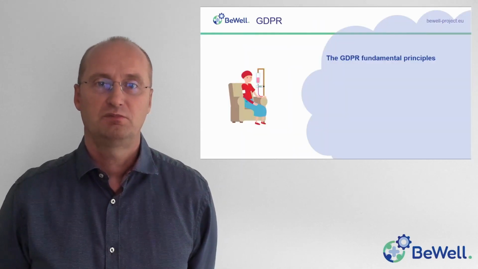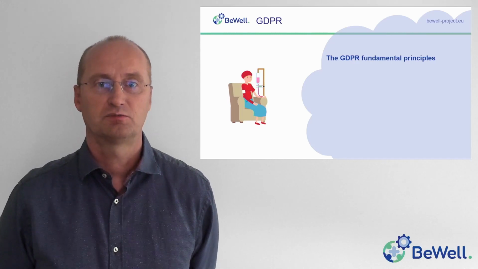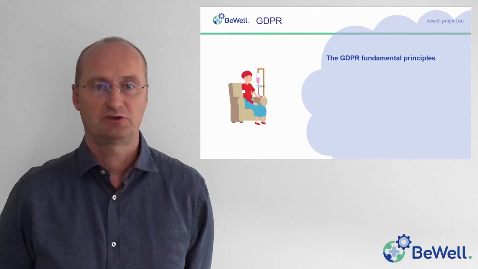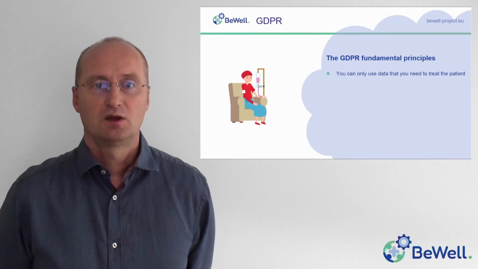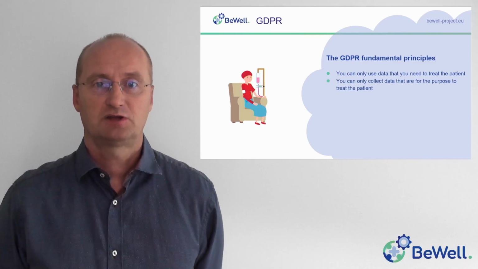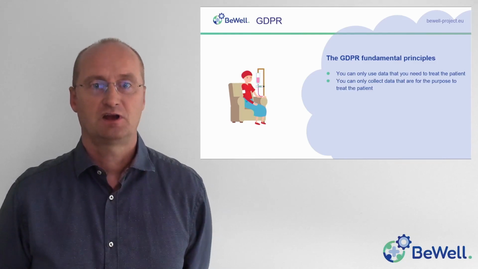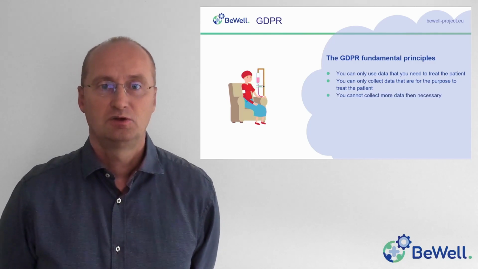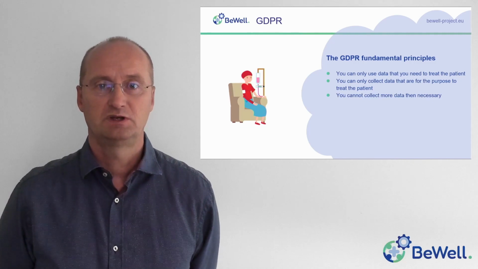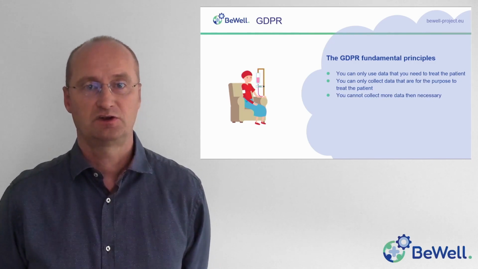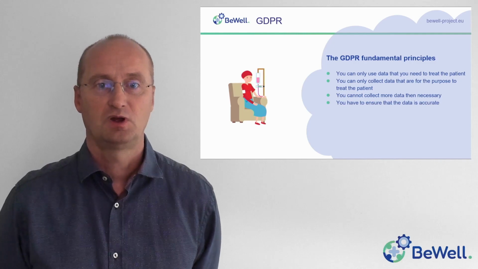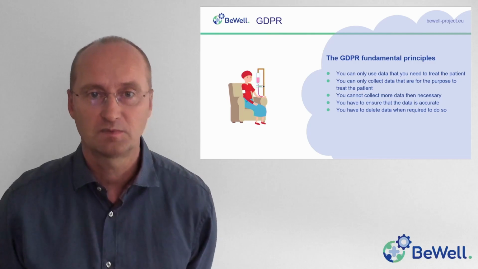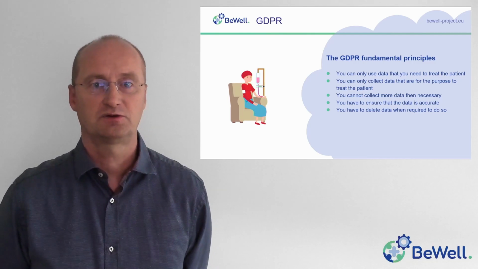The principles mean, among other things, that you must have a lawful basis under the GDPR to be able to process personal data. You may only collect personal data for specific, explicit, stated and legitimate purposes. You are not to process more personal data than is necessary for those purposes. You are to ensure that personal data is accurate.